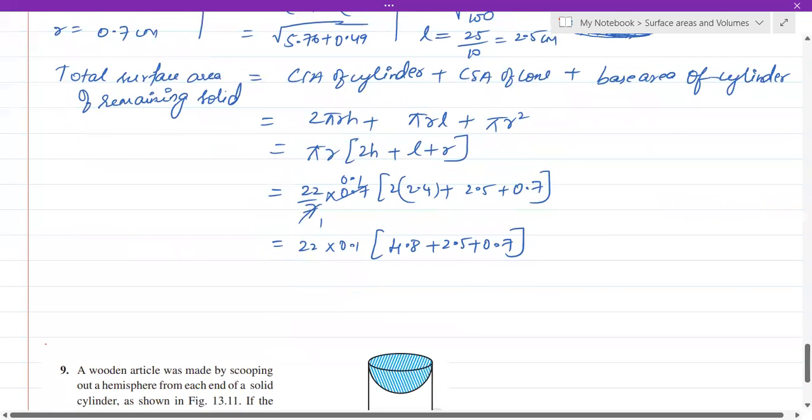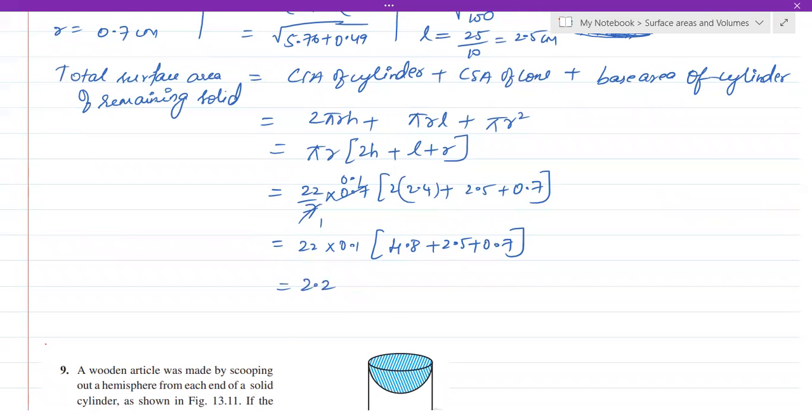Now 22 into 0.1 will become 2.2. 4.8 plus 2.5 will give you 7.3. 7.3 plus 0.7 will give you 8. So this will become 17.6. If you multiply it, you get 17.6 centimeter square.